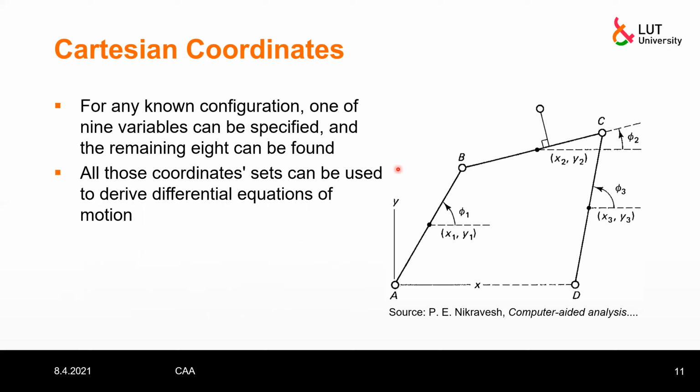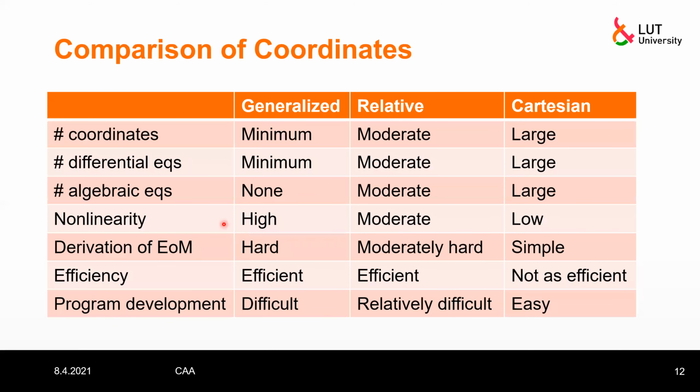I think this slide is not so needed here. But maybe we can just say that for all those coordinate sets discussed last week, we can use differential equations of motion. What is more important here is that for Cartesian coordinates we may have a large number of coordinates.